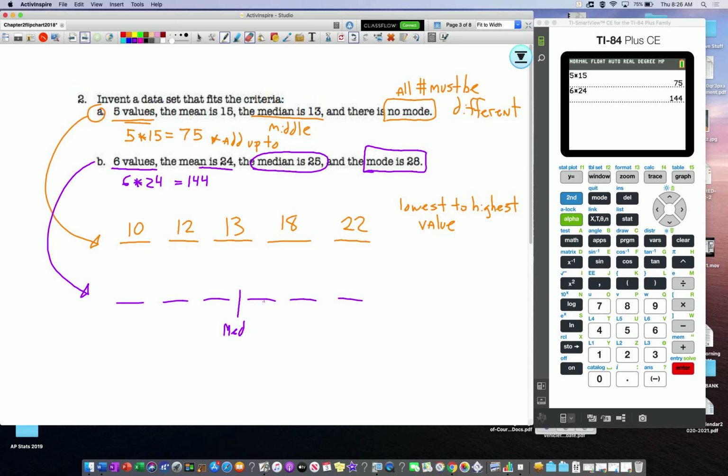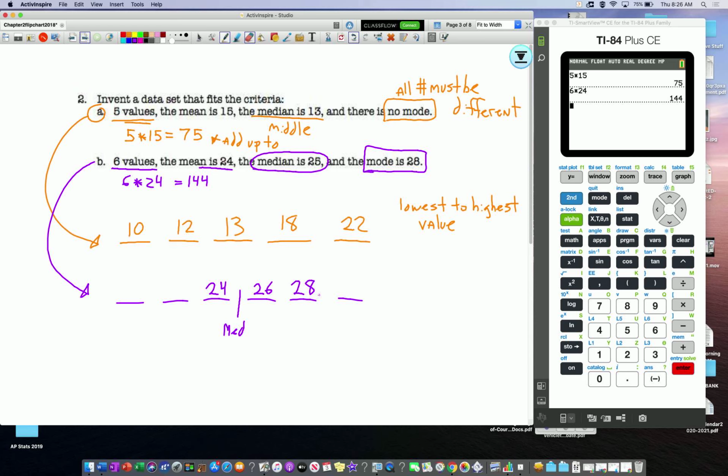So for my median here, to get it to be 25, what I might do is say, what's 1 less than 25? 24. And what's 1 more than 25? 26. Because if I add these two numbers together, they give me 50. 50 divided by 2 is 25, so the median is 25.